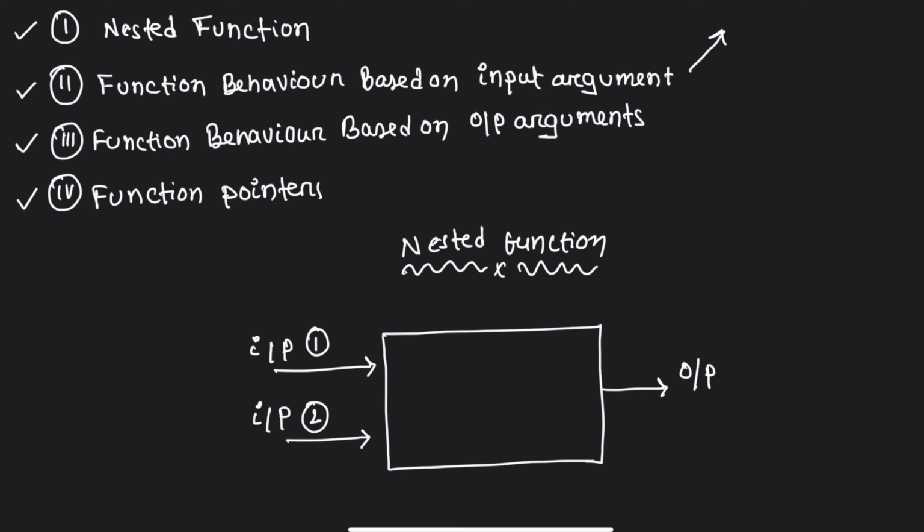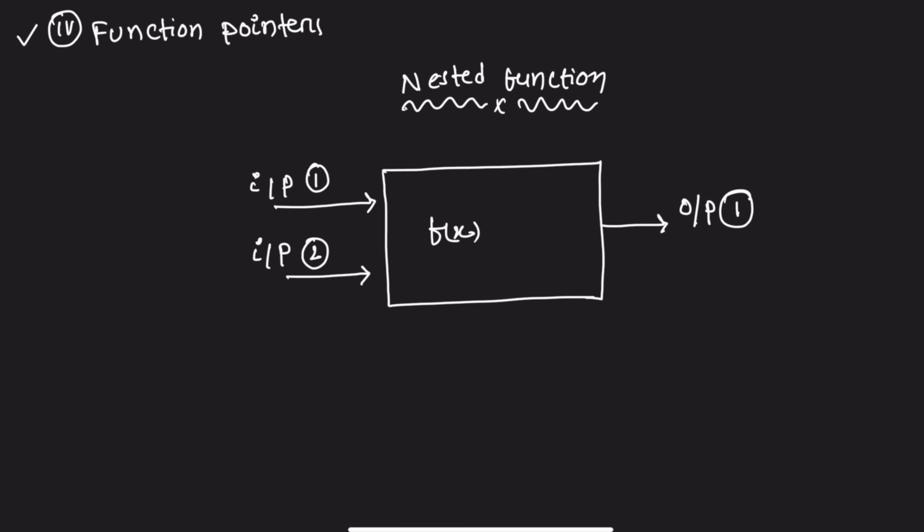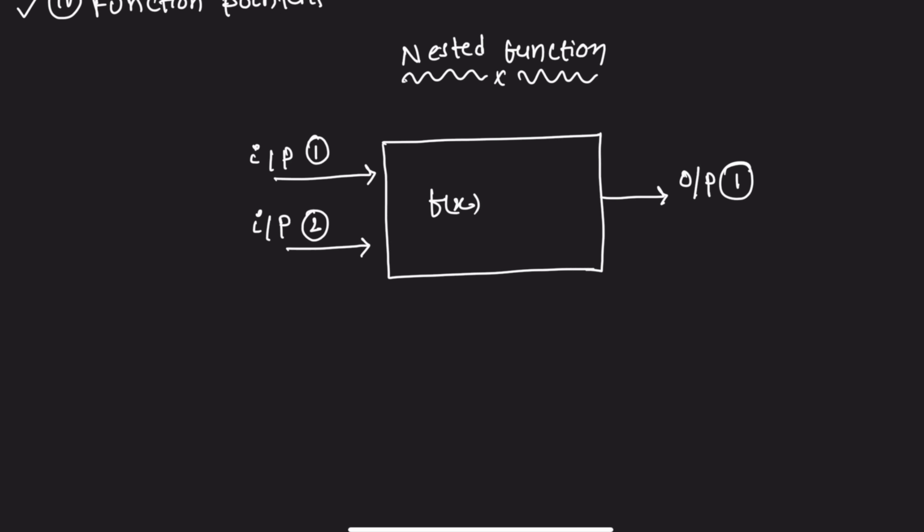Maybe it gives one output, and this could be a function which is doing some operation, so I'm writing it as fx. Now suppose within this function I want to call another function. So if I call this function, then within it there will be one more function that you will be calling.